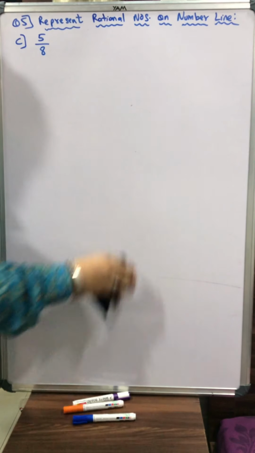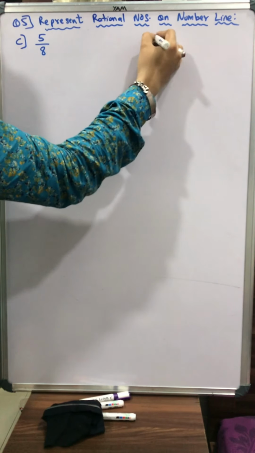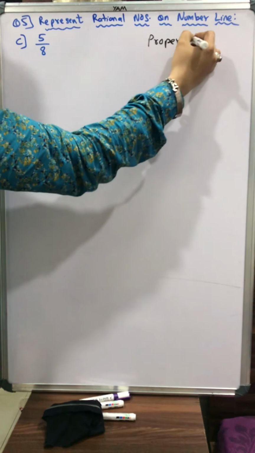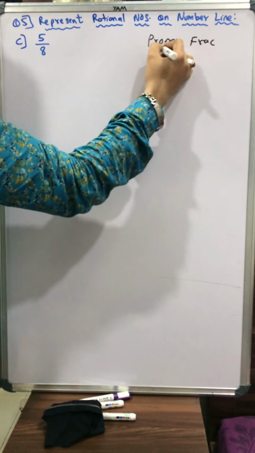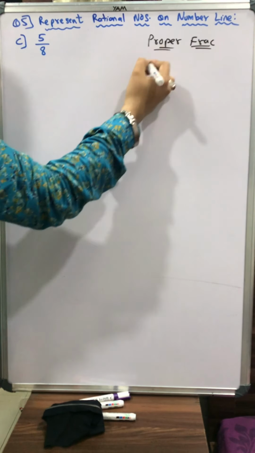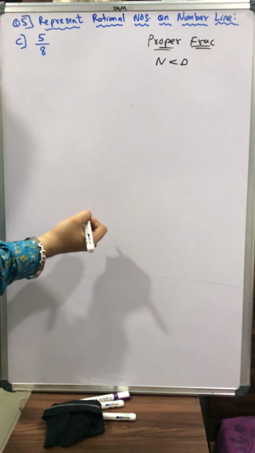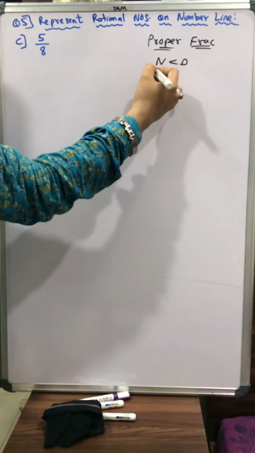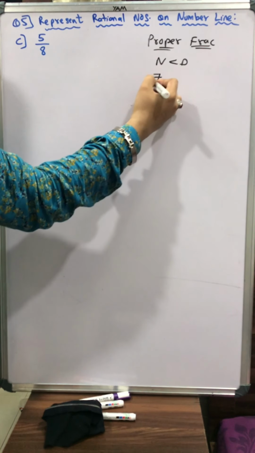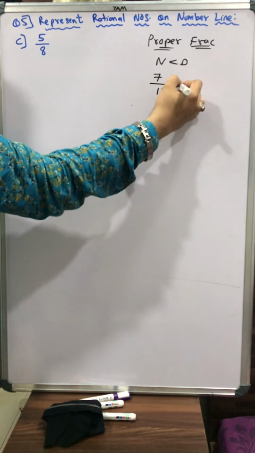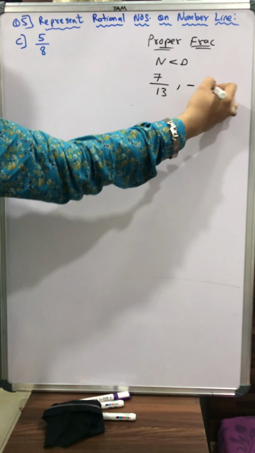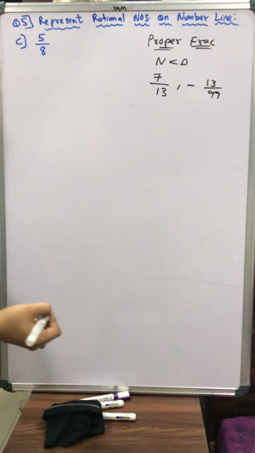How to represent proper fractions? Proper fractions. What are proper fractions, students? The fractions in which numerator is less than denominator. Okay. Now, for example, 7 upon 13, or the negative example I can give 13 upon 99.